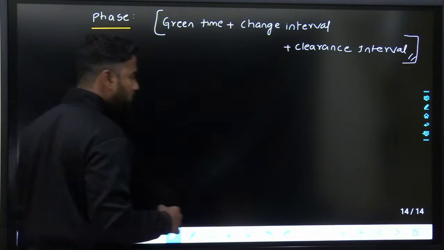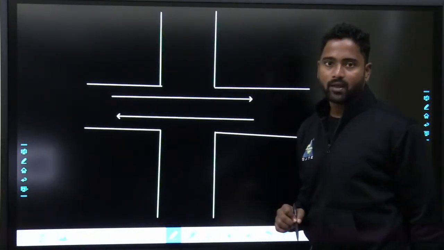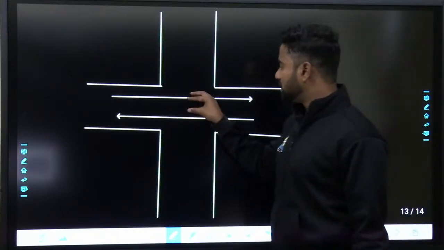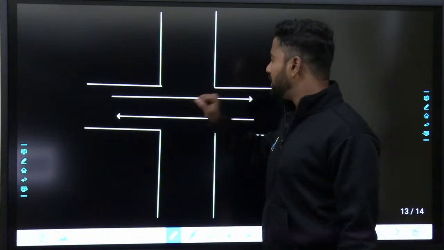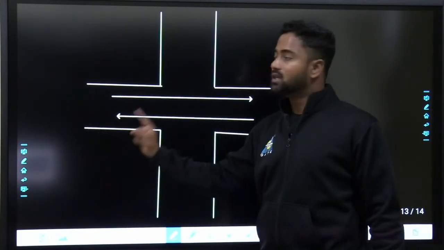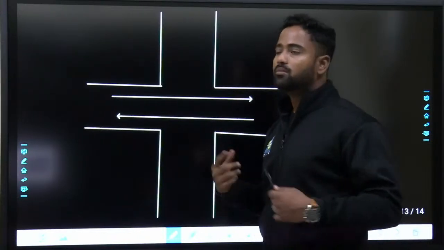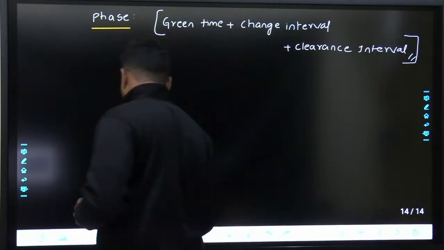So whenever I am saying two phase system or one phase system, this is phase 1, I can say. In phase 1, like signal system is at the center, it will be showing green, when this is showing green, vehicles will be moving like this. This is phase 1. What would be the phase 2? Or I will show both the phases here.